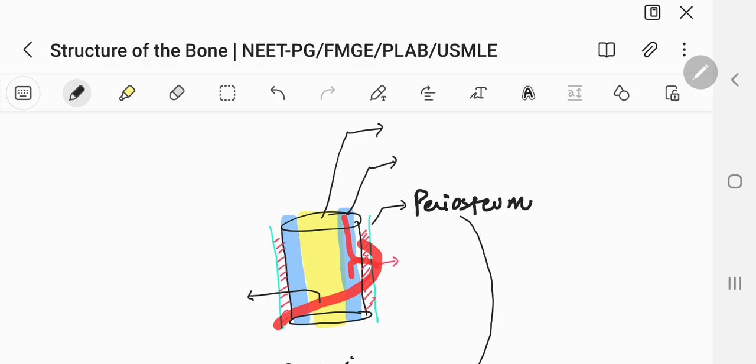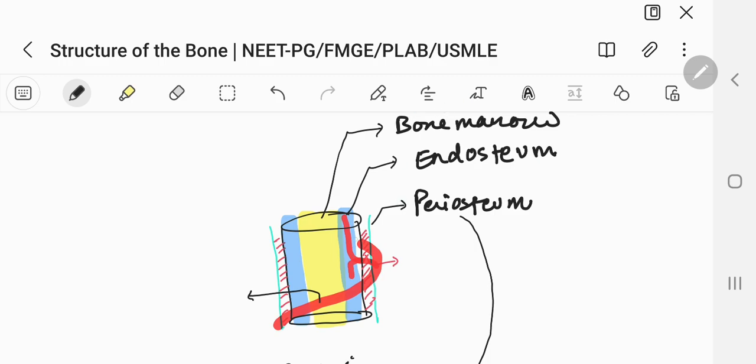And now you have the diaphysis here. The middle part is the medullary cavity, so you can also say it is the bone marrow, right? Now there is this blue part that surrounds the bone marrow, and that is known as endosteum. What is it known as? Endosteum.